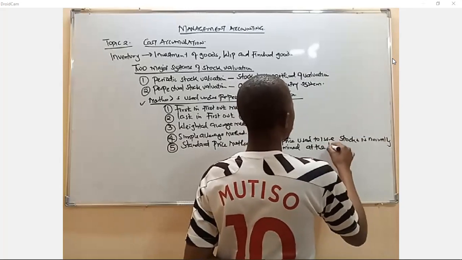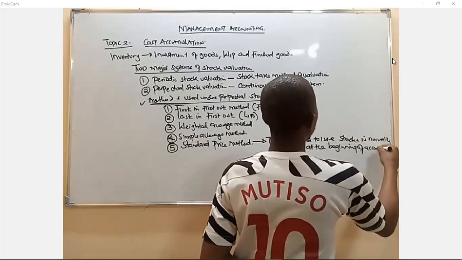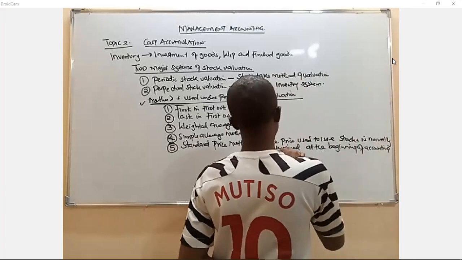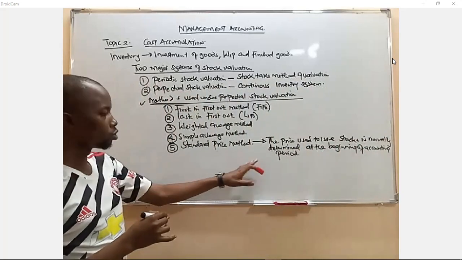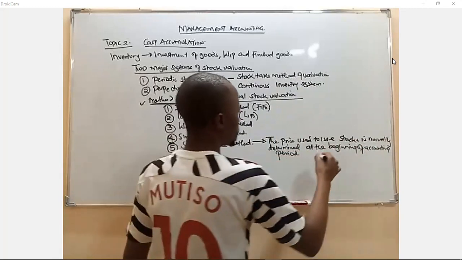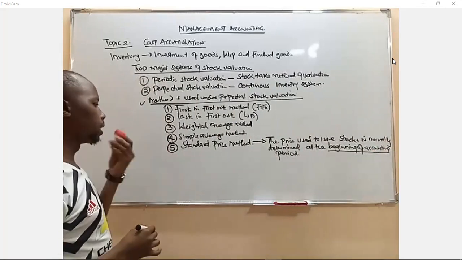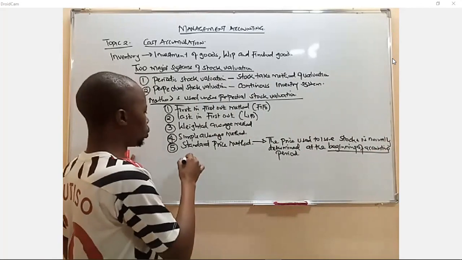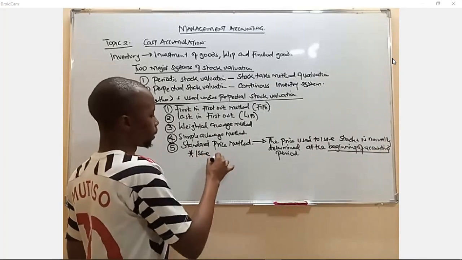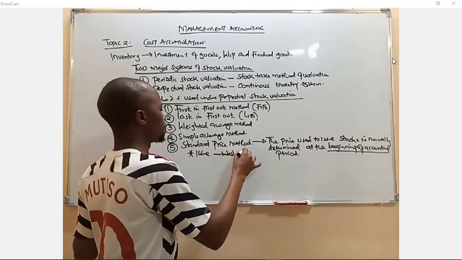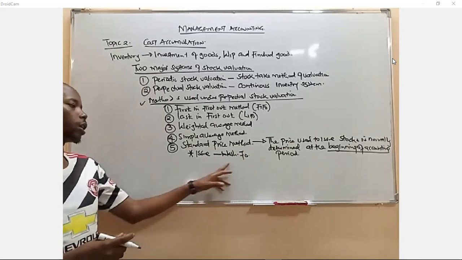So when you look at the standard price method, it is determined at the beginning of the accounting period, which is very clear in this aspect. At the beginning of the accounting period, we are going to say that we are going to be issuing our products at Kenya shillings, for instance, 70, right? At 70. So what happens when we find that the purchase price is more than 70?